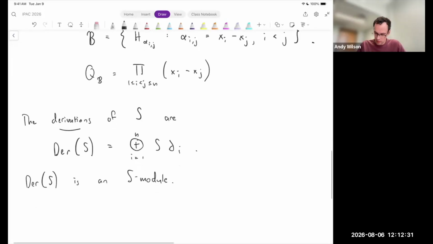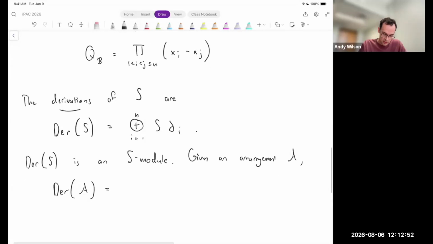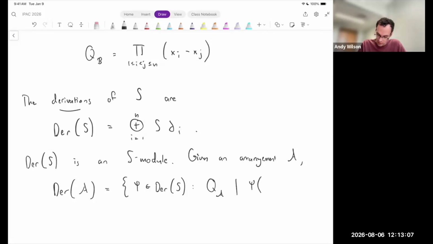And more precisely, we're going to look at the derivations of a specific hyperplane arrangement. So given an arrangement A, we can look at the derivations of such an arrangement. And there's a few ways of writing this down. So you can write it as all the derivations that satisfy this property, that the defining polynomial divides what we get by applying each derivation to the defining polynomial.